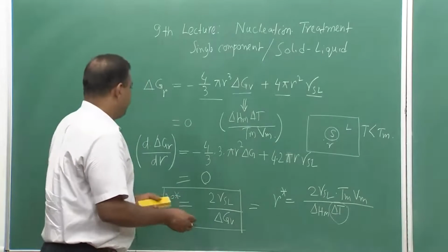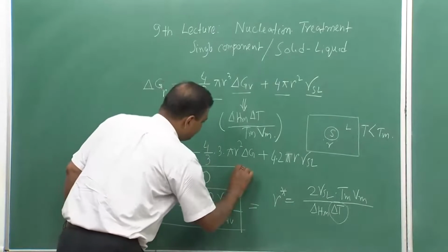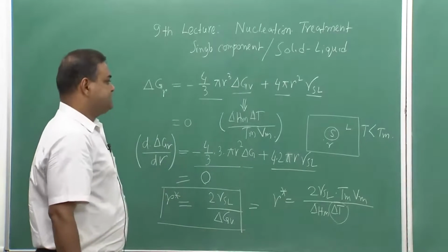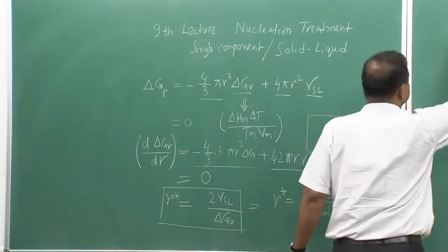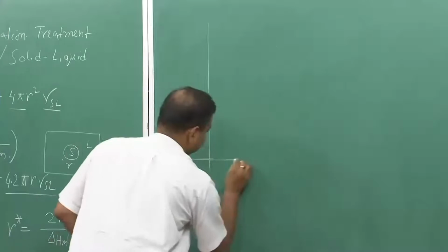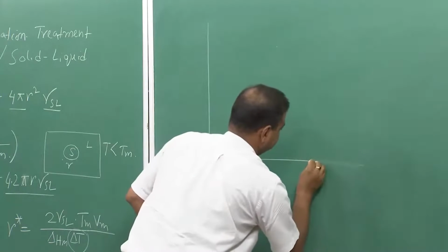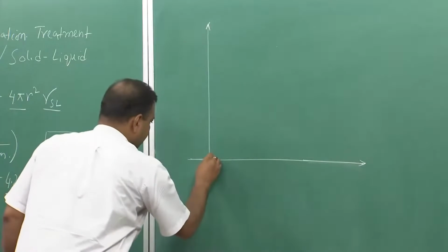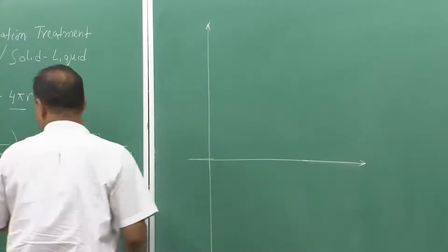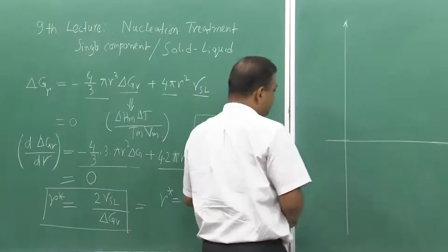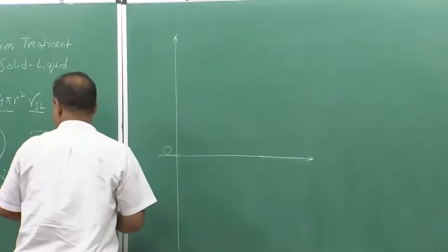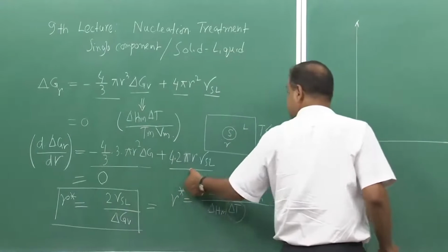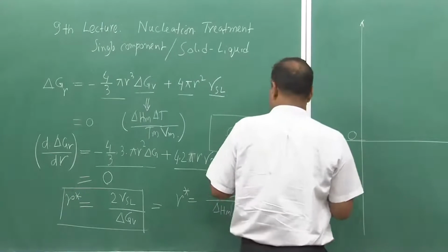Now, if I try to plot individually this particular term and this particular term, let us see what happens. Since this is a negative term, we will put this one to be 0, and this one would be on the negative side and this one would be on the positive side.